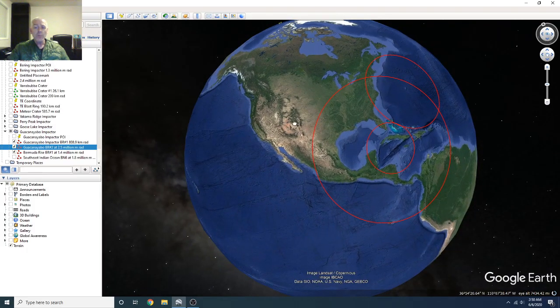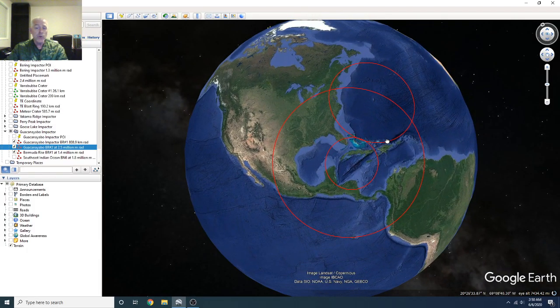I haven't even begun to really show you. Well, first of all, I'm not totally convinced these two guys here are in the right order. Maybe this guy is older than that guy. And when I say that, I'm using my cursor. So maybe the Cascadia impactor is actually the first, and the Bermuda Rise is the second.